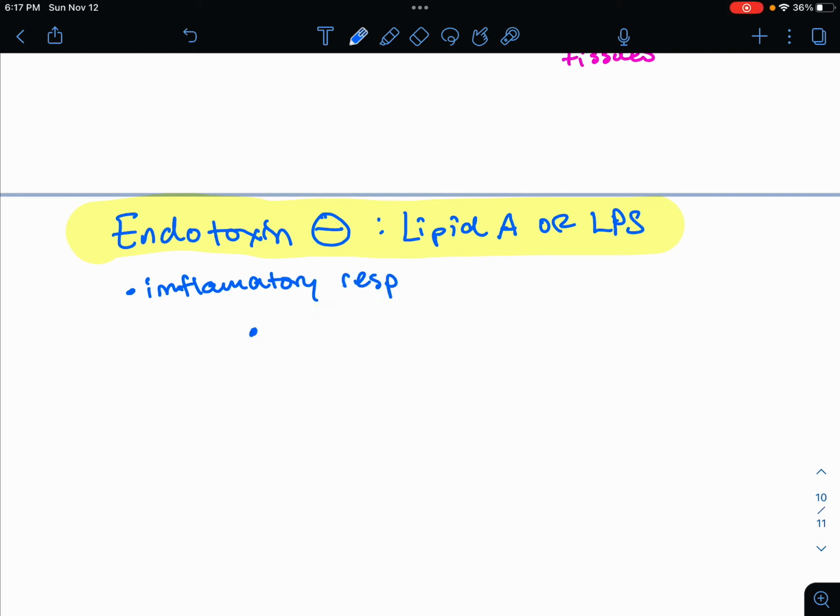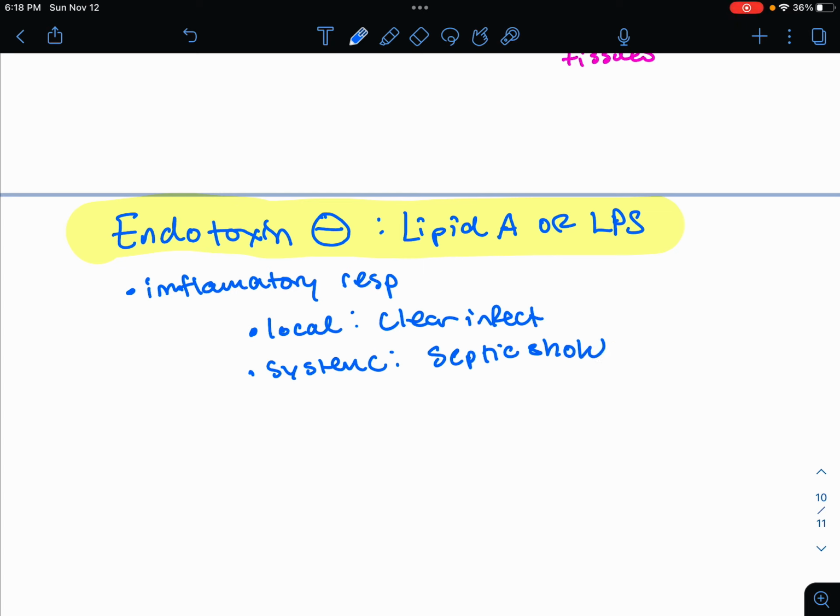When it's localized, this is going to help clear infection. However, when it's systemic, this is going to be septic shock because of that widespread response.